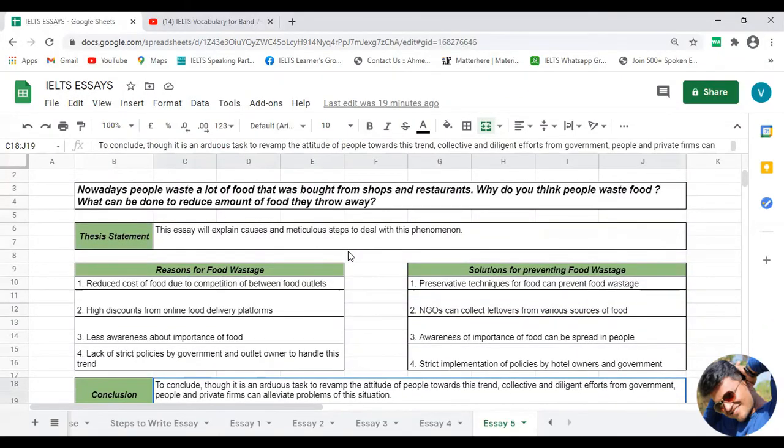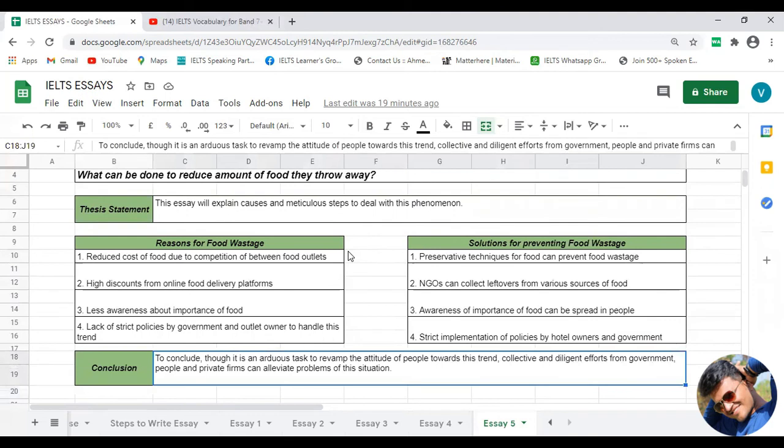As I have discussed earlier, whenever you need to write the conclusion on any topic, always try to ask who and what to yourself for that particular problem. Who means who can do something for solving that problem, and what can be done to solve that problem.